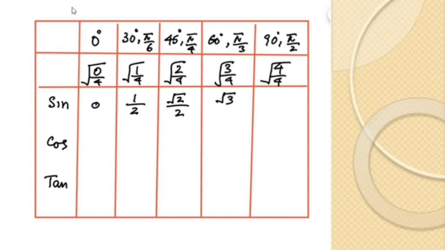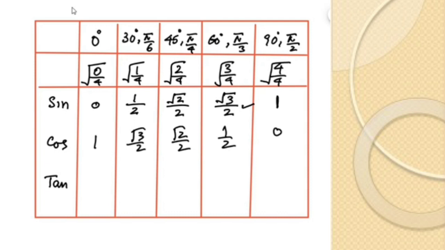Square root of 3 written as it is and square root of 4 would be 2. 4 divided by 4 is 1. So square root of 1 would be 1. Now I will reverse the order. First 1 will come, then square root of 3 over 2, then root 2 over 2, then 1 over 2 and then 0. I shift the sine values into the cos values, or flip all the values.